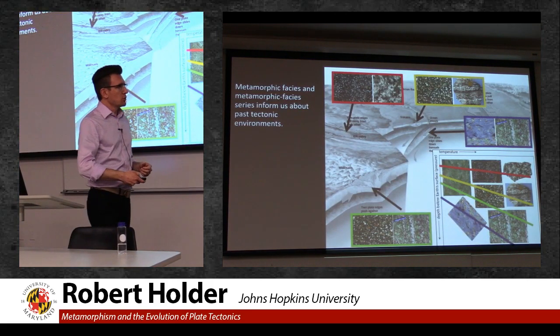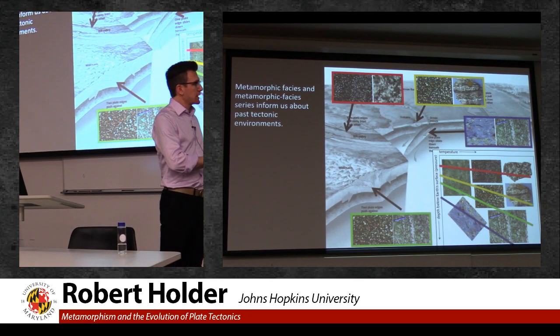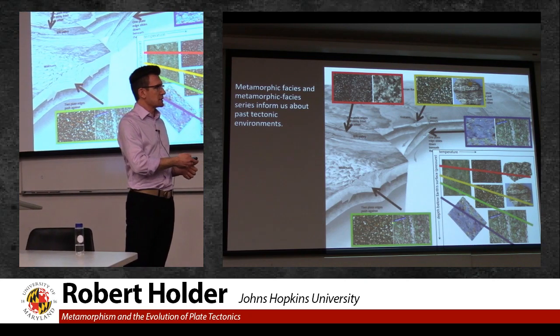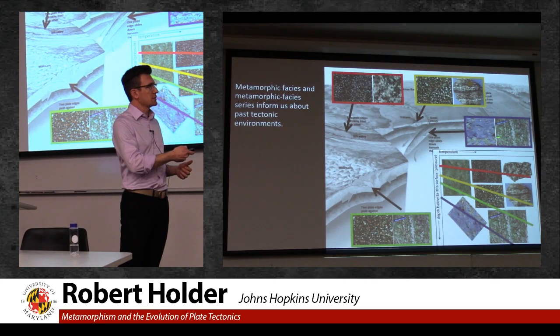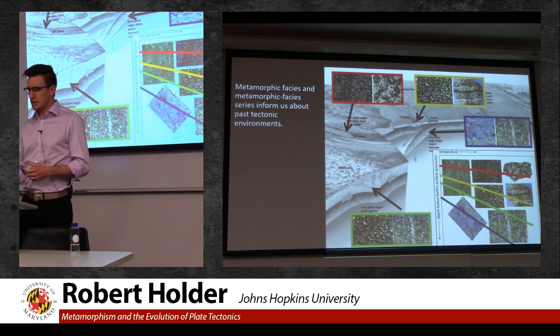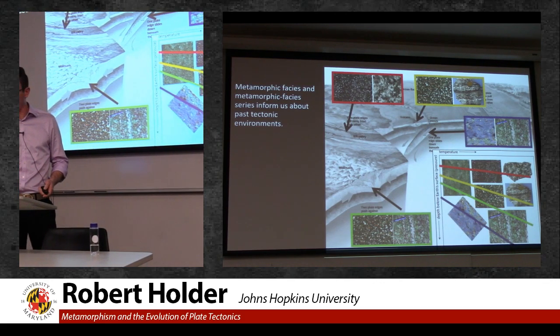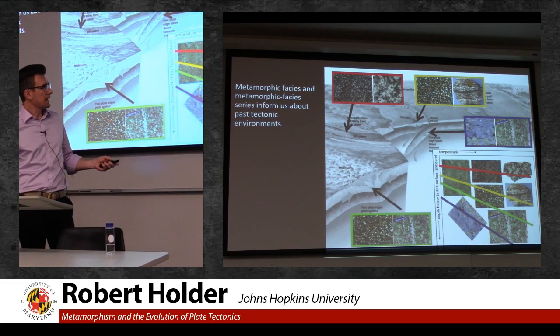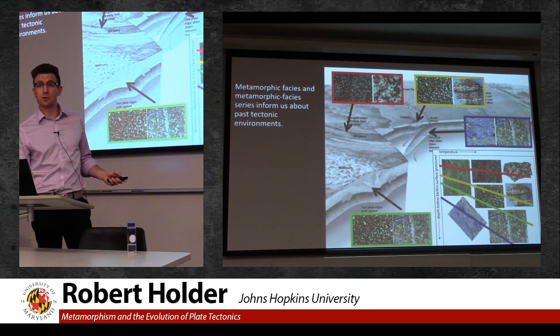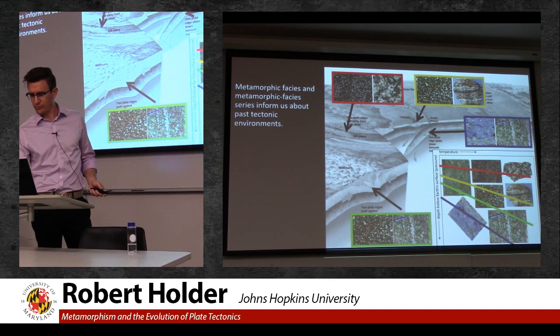So what we can do as geologists is go to the field and look for these metamorphic facies or facies series, these associations of metamorphic rocks in different environments, and use them to begin to infer what a tectonic environment was in that particular location in Earth's past, and how that part of Earth's crust has changed through time to what we see it as today.